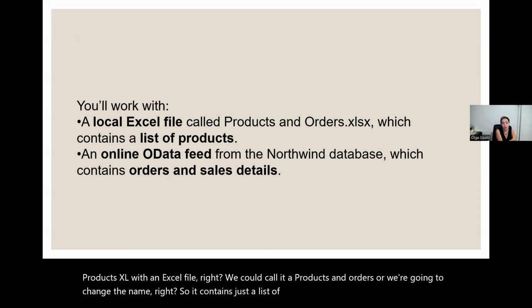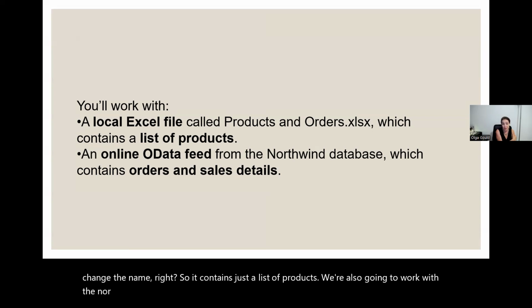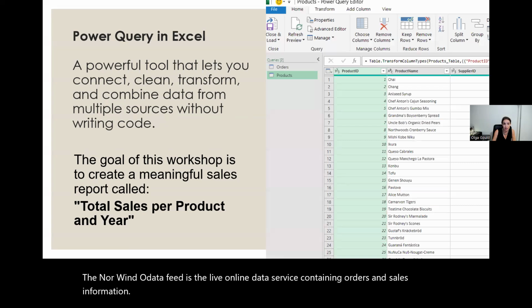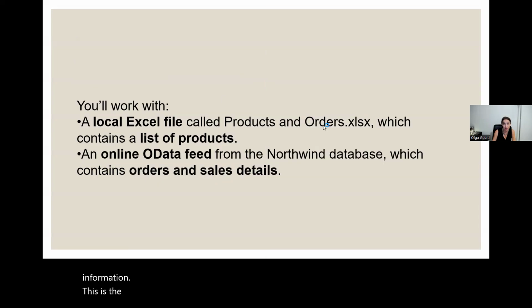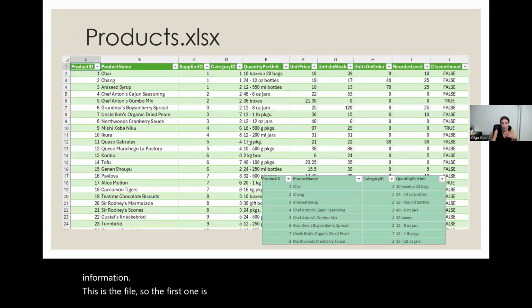We're also going to work with the Northwind OData feed. It's a live online data service containing orders and sales information. This is the file that is going to be located in your computer.